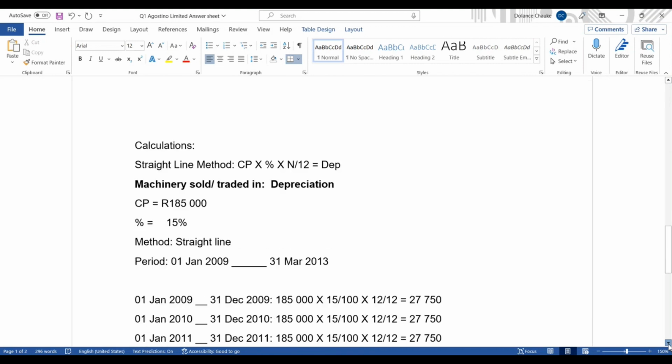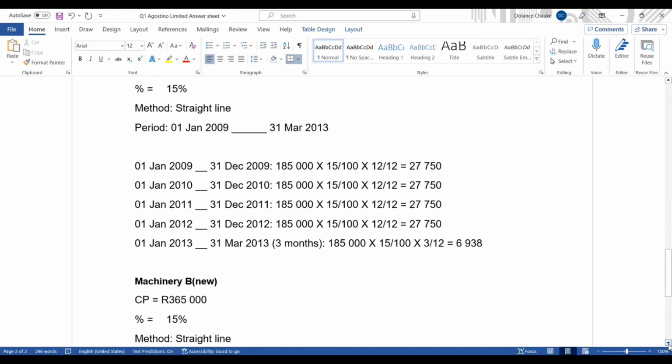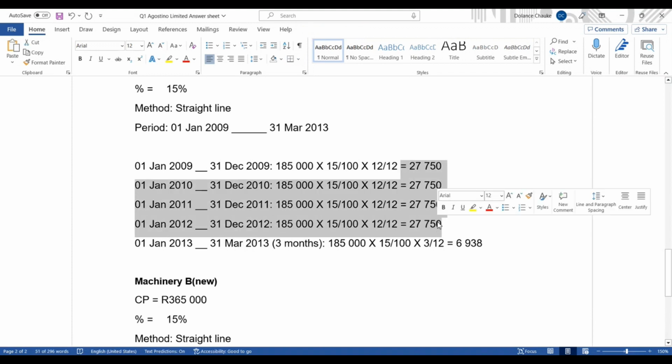Remember, the opening balance is the closing balance of the previous months. The accumulated depreciation of the previous month is going to be the total of these four, because the closing balance of the accumulated depreciation is going to be at the end of 2012. I don't know if I make sense. If I don't, you can tell me, I'll repeat.